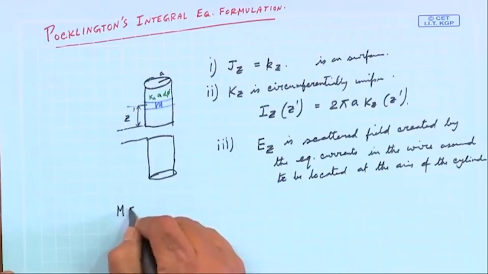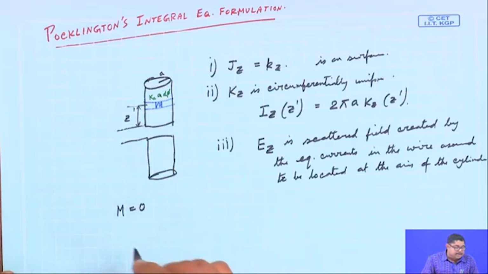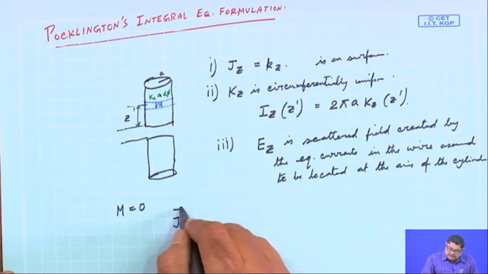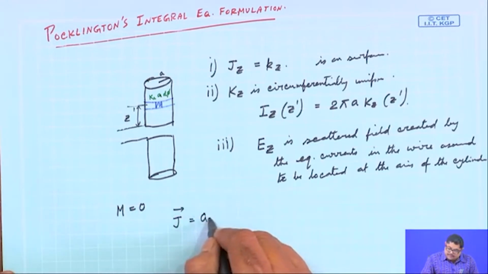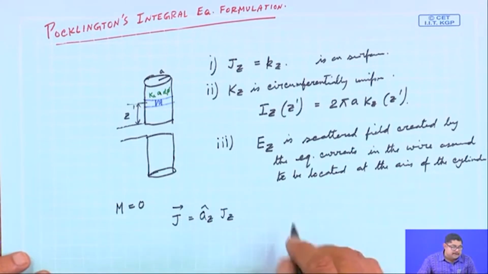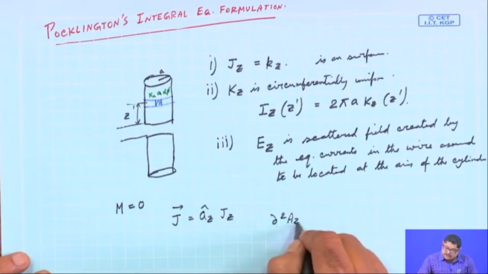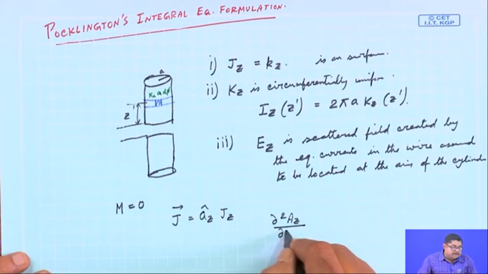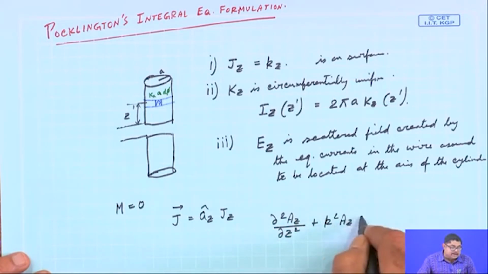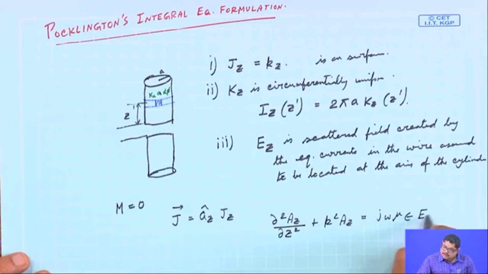Now, again we can say that M, the magnetic current, is 0, and the current density is given by this, A z, same as Hallen's.